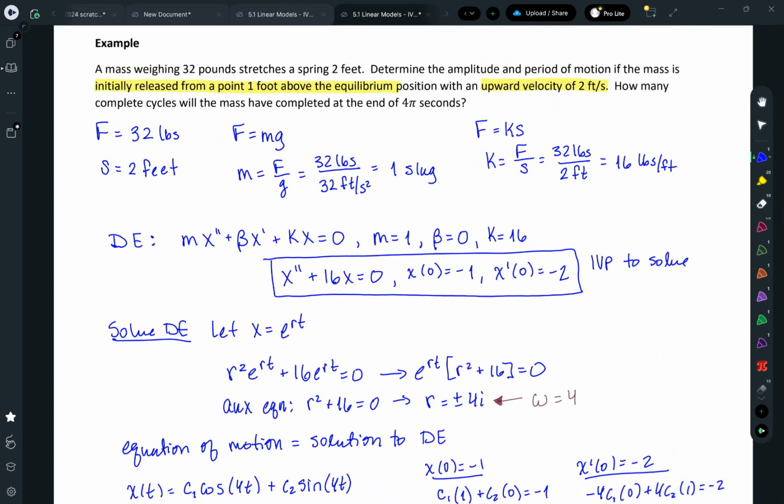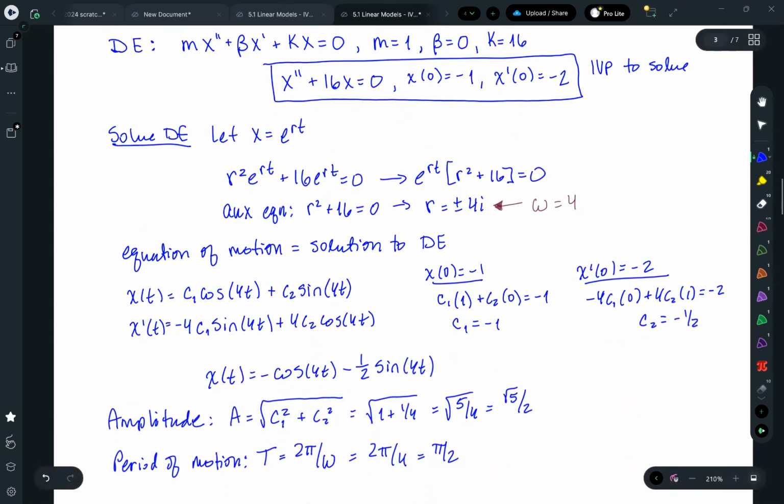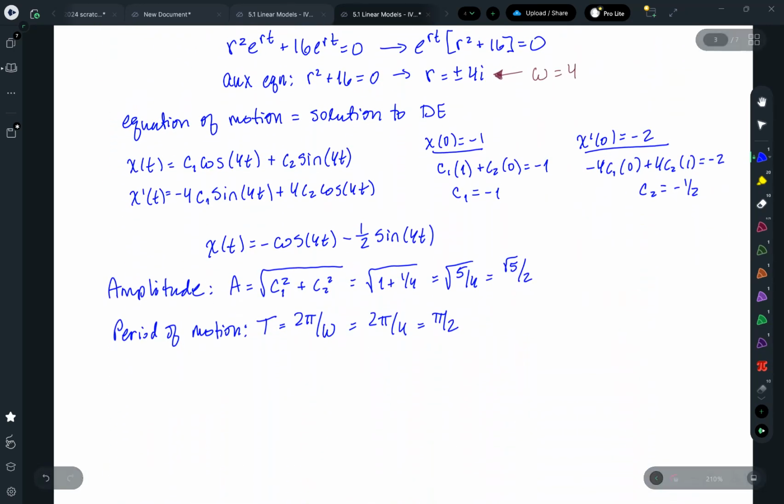How many complete cycles will the mass have completed at the end of 4 pi seconds? Let's see. How do we want to word this?